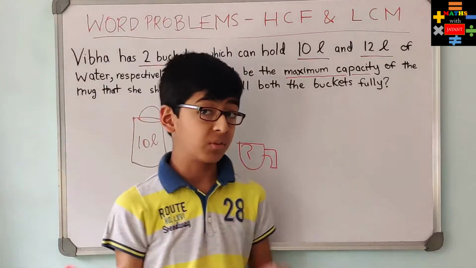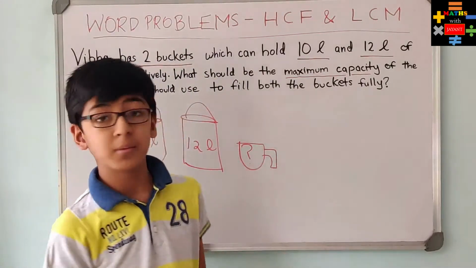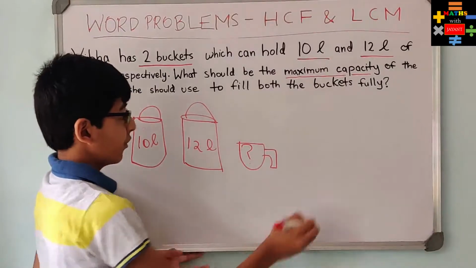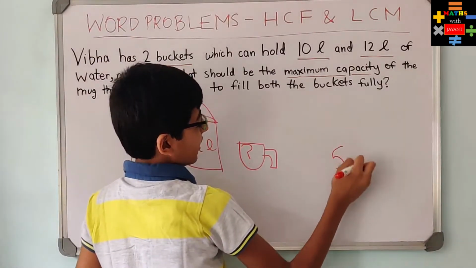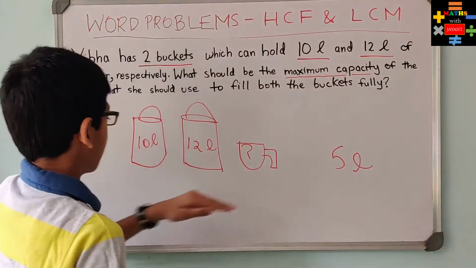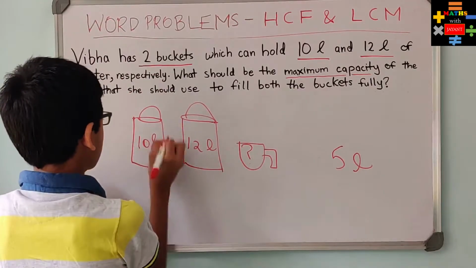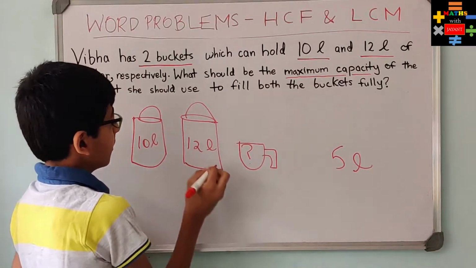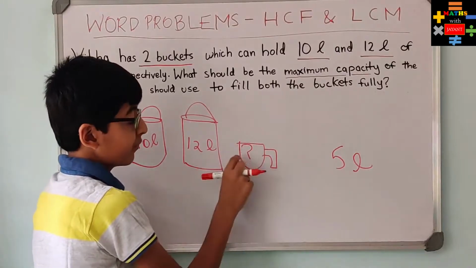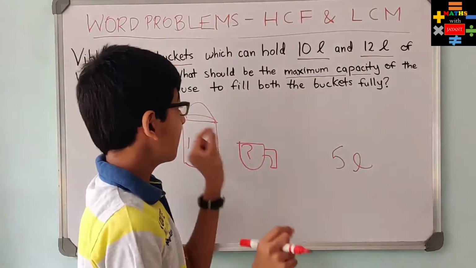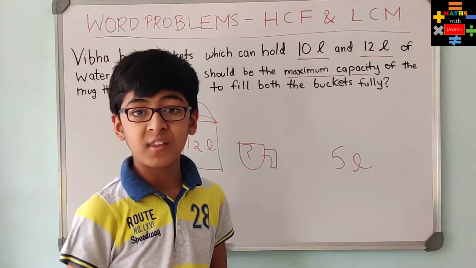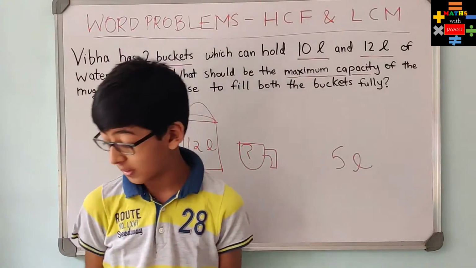Now it can be how much ever you want. It's the maximum. So if you take any number, let's take 5 liters suppose, then we would be able to pour it 2 times for the 10 liters one. But for the 12 liters one, there will be some water left over. So in these sort of questions, what they mean is that there should be no leftover water in the mug.